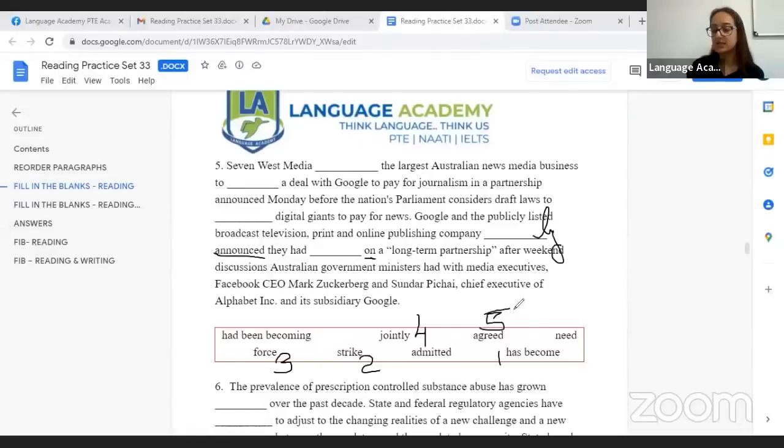Strike a deal, that means finalize a deal. To make a deal, to complete a deal, that is called strike. Agreed on and upon, both are right. Agreed with is also right. It's used in a different context. When you agree on a topic, you say on. When you agree with a human being, you say agree with.